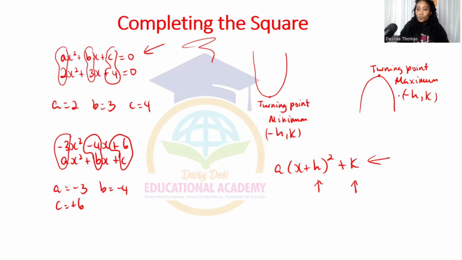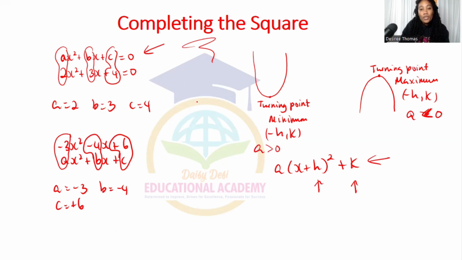Also, to determine if it's a maximum or minimum, you look at the sign in front of a. If a is less than 0, it's a maximum. If a is greater than 0, it's a minimum.